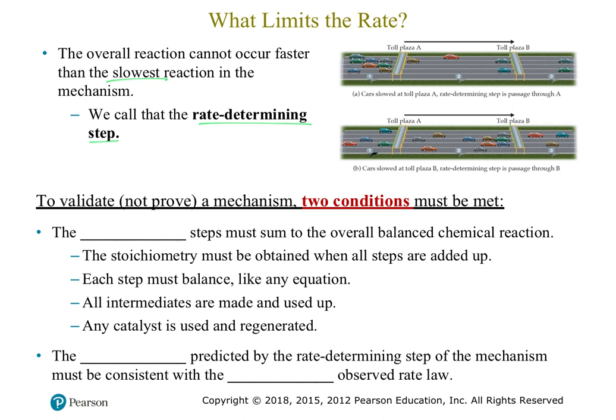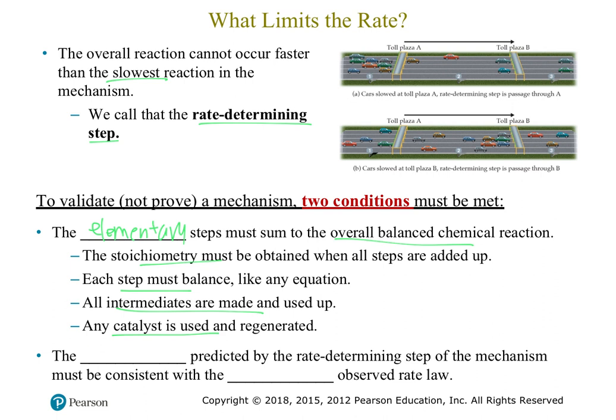In order for our mechanism to be legit, each of the elementary steps needs to add up to the overall equation or overall reaction. Stoichiometry must be in check. Each of the steps must balance within themselves, right? So the stoichiometry of each mechanism has to work out. All the intermediates must get used up, and any catalyst we use at the beginning needs to come out. We'll talk about catalysts again soon.